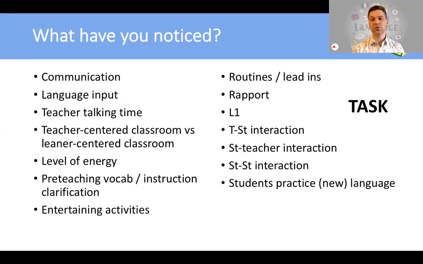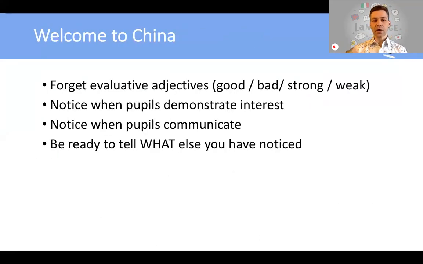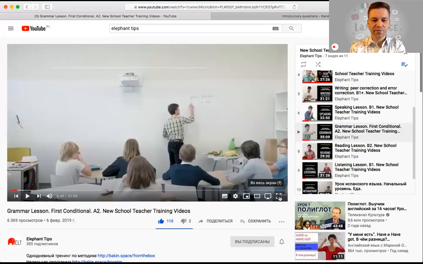I want you to take a look. Hopefully, you will be able to think about students' interests, opportunities for communication, and maybe you will notice something else, okay? And then we'll stop and I'll address your questions, if any. So this is 4 or 5 minutes of teaching.